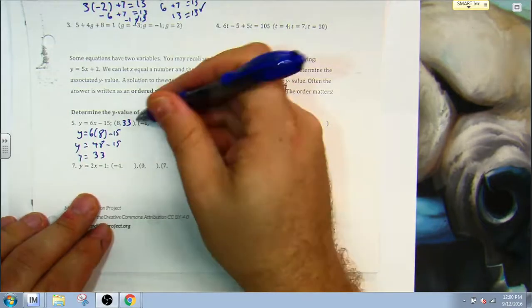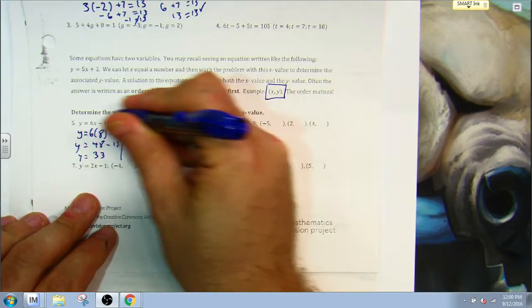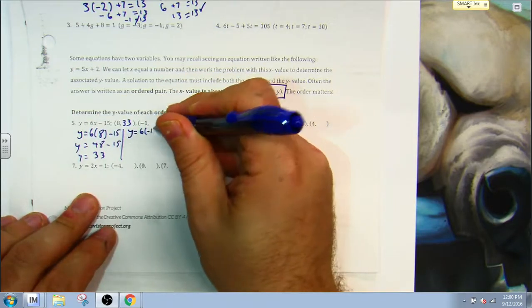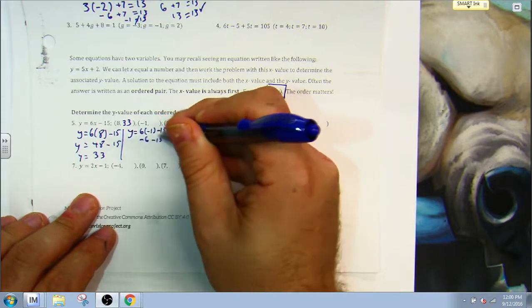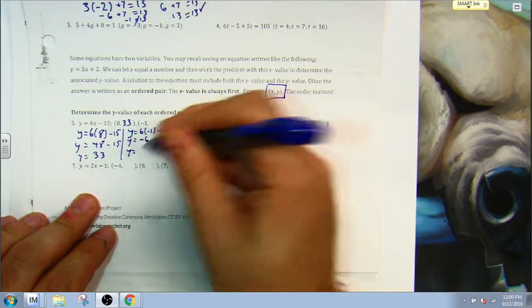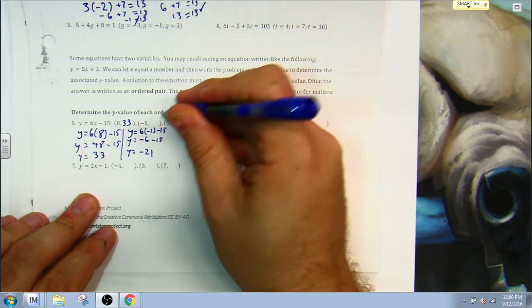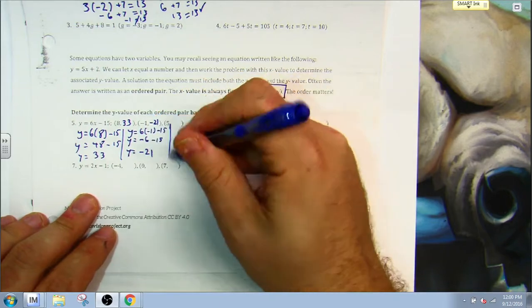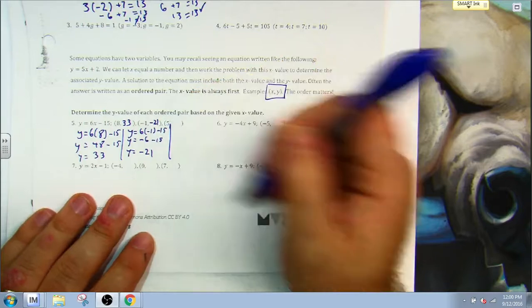I then repeat the process with negative 1. So y equals 6x, but x is negative 1. So 6 times negative 1 minus 15. That becomes negative 6 minus 15, which becomes negative 21. So negative 21 is my answer there. I'm sure you can guess I'm going to do the same thing this time, except with 5.